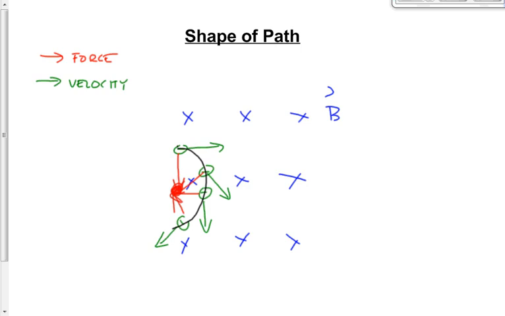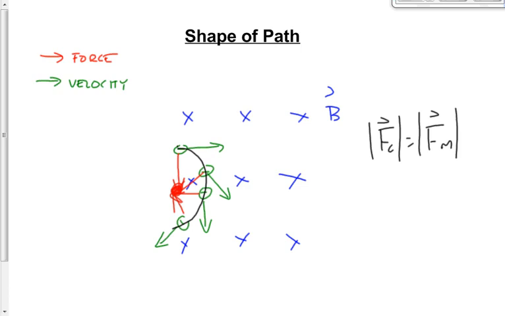So we have a magnetic force here that's always acting toward the center of the circle. That magnetic force, therefore, could also be called the centripetal force. Therefore, we could set the centripetal force equal to the magnetic force.